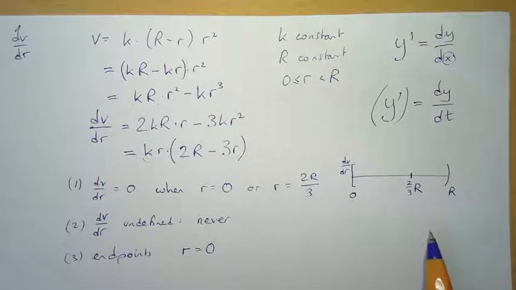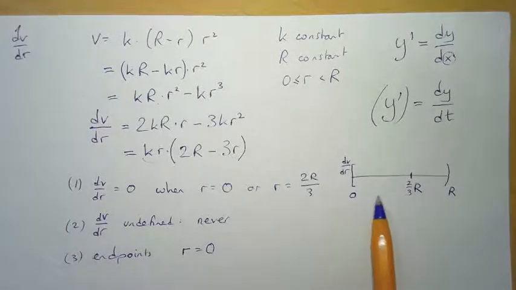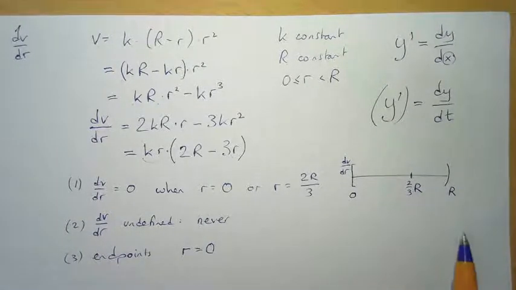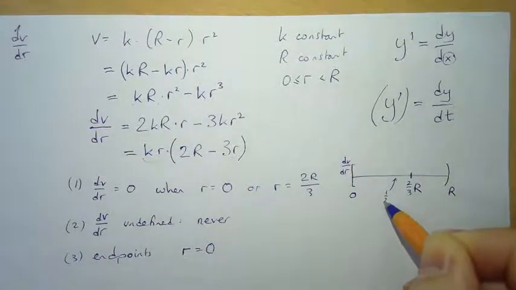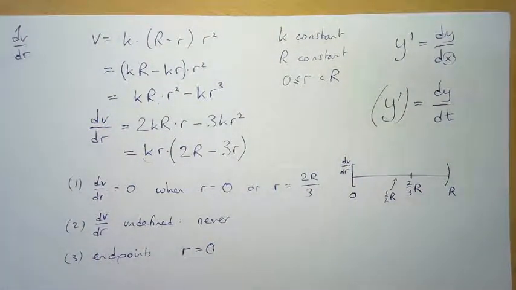So since we're not working with numbers strictly, but we have this constant capital R, it makes it a little bit harder. What is a number between 0 and 2/3 R? For example, 1/2 R. You can pick 0.1 R, or any number that's less than 2/3 times R is going to fit.